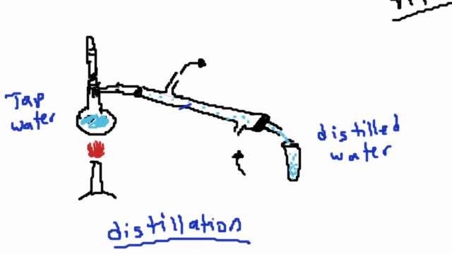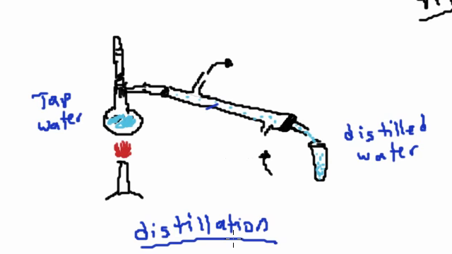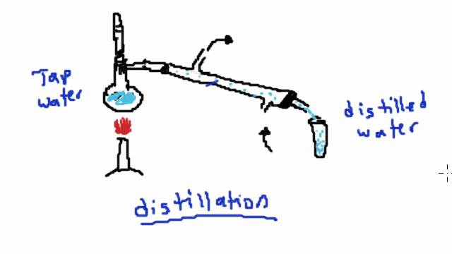Okay, and the last example that I have here, it looks kind of funny, but this apparatus is undergoing a process called distillation. And let me first explain to you the steps beginning on this side over here. This is tap water, and tap water is simply water with certain elements like iron and other elements in there.